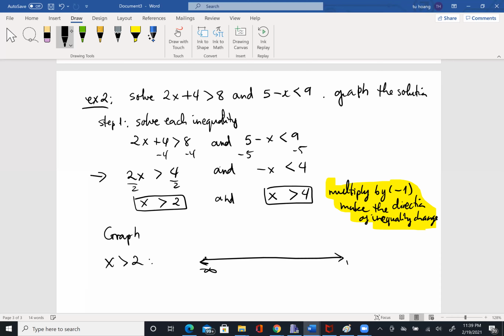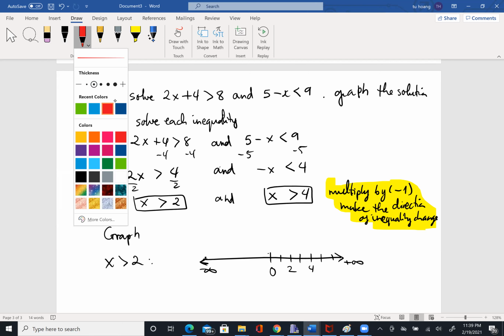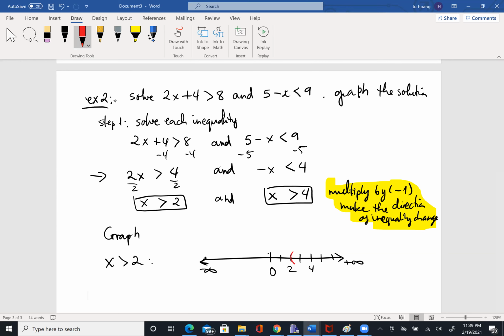Here's positive infinity. Middle is 0, 1, 2, 3, 4, 5, 6, something like that. I know that this is greater than 2, not included. So I will have a parenthesis here and just go to positive infinity. Right? So that is for x greater than 2.